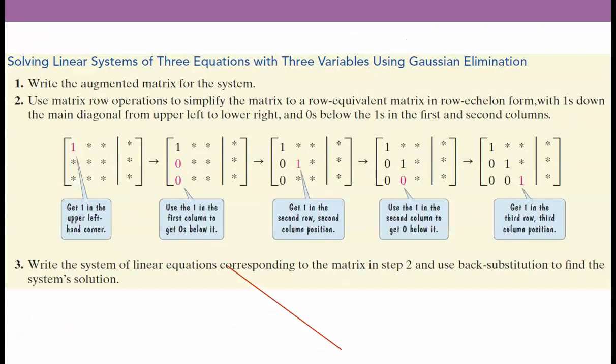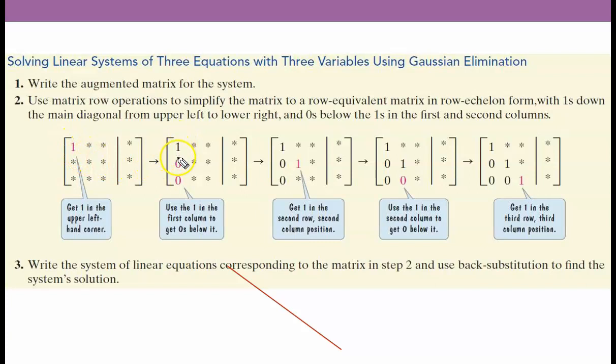Now here they're putting it all on one slide. Eventually what you want to do, and these examples do take time, first set it up as your augmented matrix, and then you want to get a 1 in this first column.